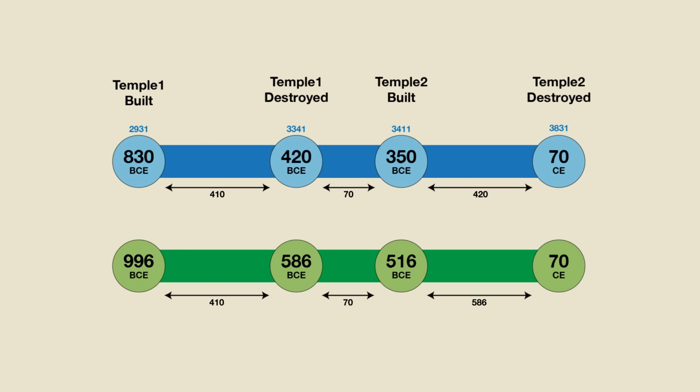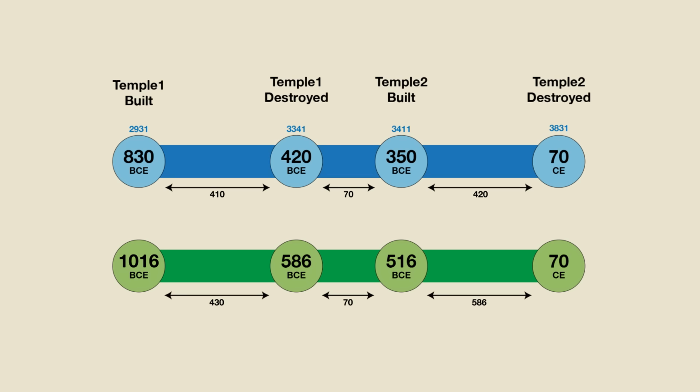However, if we simply add up the years given in the Bible for each king of Judah's reign, keeping in mind that King Solomon supposedly built the temple in the 4th year of his 40-year reign, we actually end up with 430 years. So that would give us 1016 BCE.